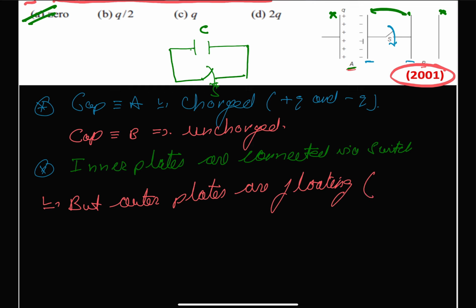So the circuit is basically not complete, so we are saying that they are floating. So in this particular case, we can say they are not connected with each other, or we can say grounded.